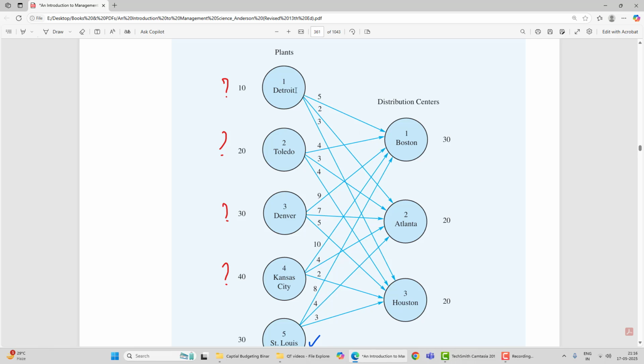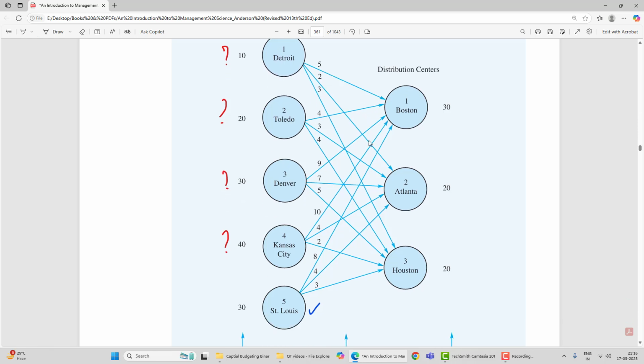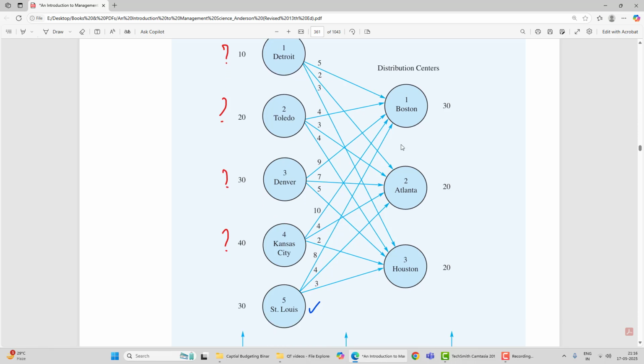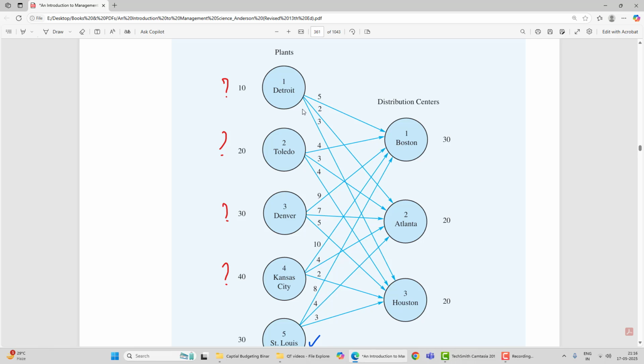So the arrows indicate the transportation routes, and these values on the arrows indicate the transportation per unit cost, right? So if you are sending one ton from Detroit to Boston, it will cost you $5. This is a similar setup as that of transportation. The capacities are given for plants at Detroit 10, Toledo 20, Denver 30, Kansas 40, right?